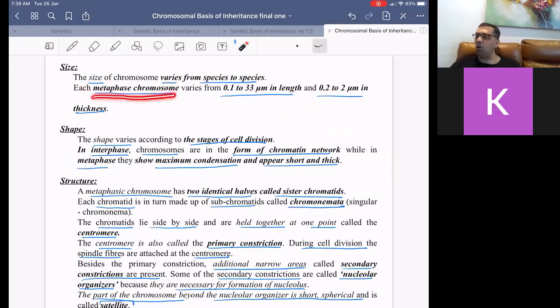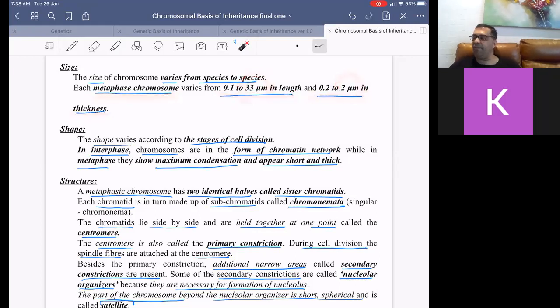A metaphasic chromosome varies from 0.1 to 33 micrometer in length and 0.2 to 2 micrometer in thickness. So length is around 33 micrometer, thickness is 2 micrometer.